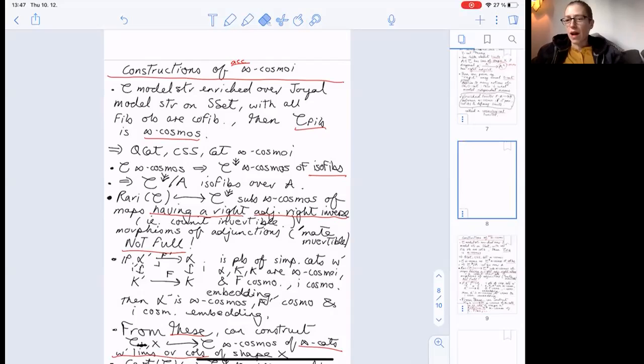So I am a little surprised that it's not a theorem that if you have an accessible infinity cosmos in your sense, with all the definitions except the equivalence one, that is included. Okay, well, it could be.